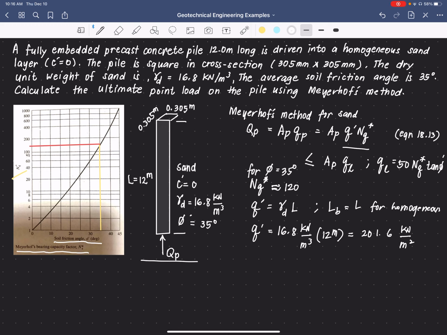So we already have Q prime and N sub Q. A sub P is simply equal to the cross-sectional area of our square pile, which is 0.305 by 0.305, in square meters, or equivalent to 0.093 square meter.